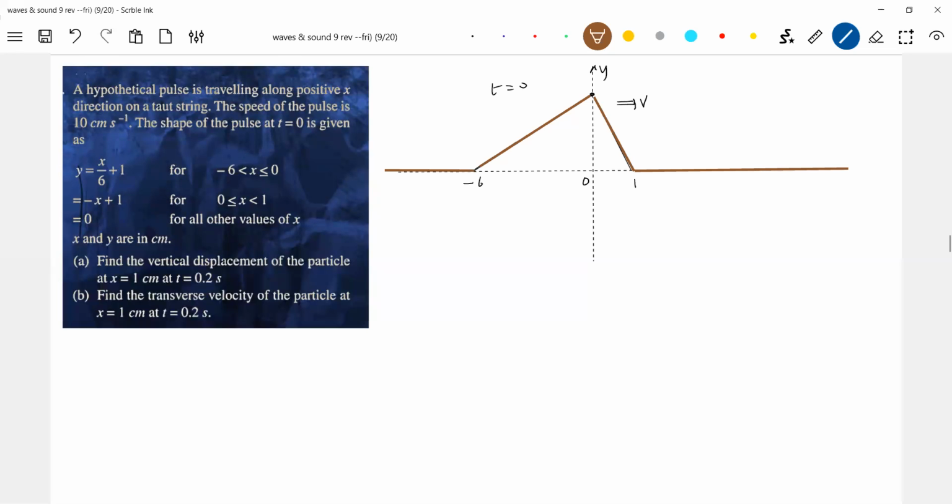So what is the speed of the pulse? 10 centimeter per second. In 0.2 seconds, how much will it propagate? 2 centimeter it will propagate. So the peak should be at 2 centimeter. So this is 1, and this is -1. Okay, next part of the graph.